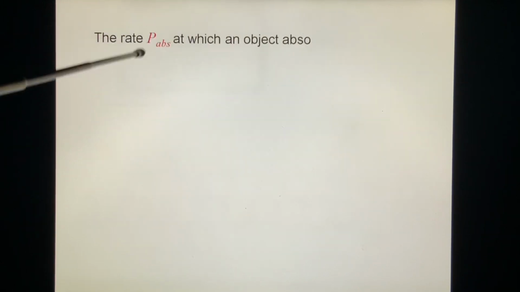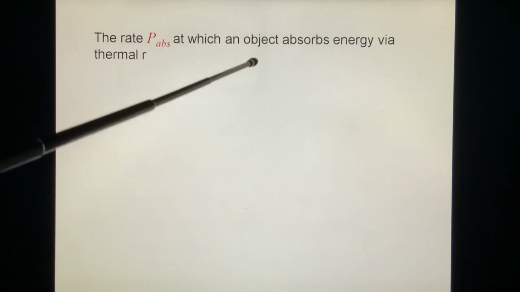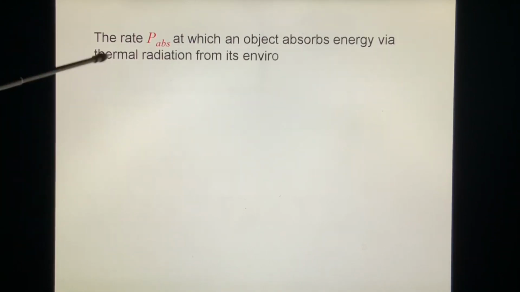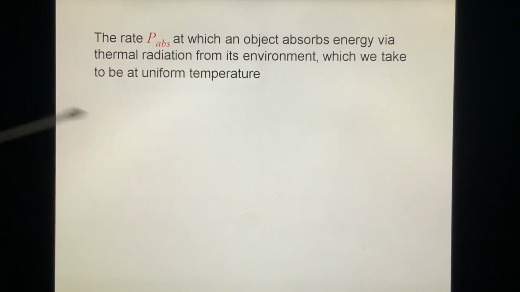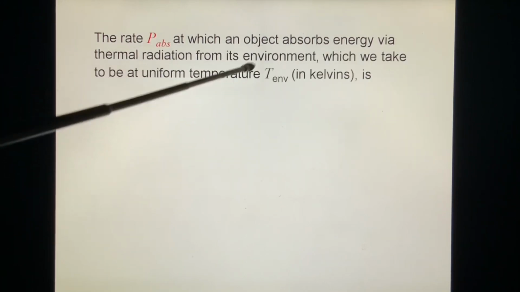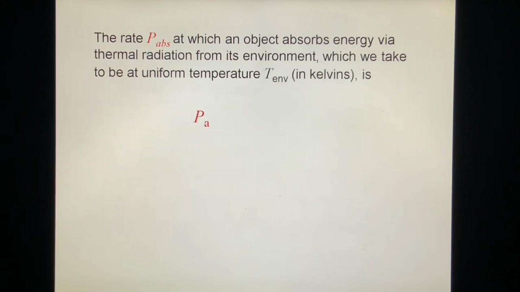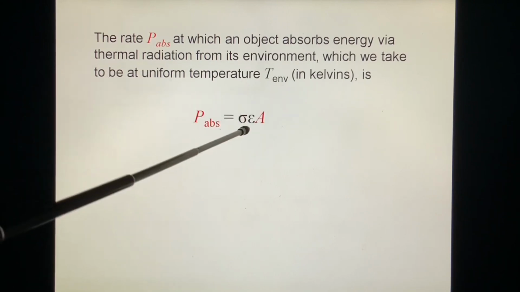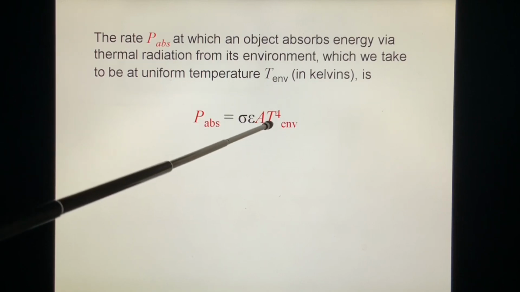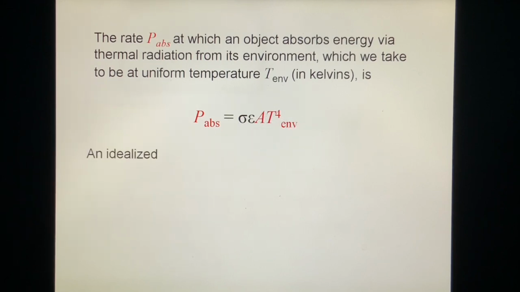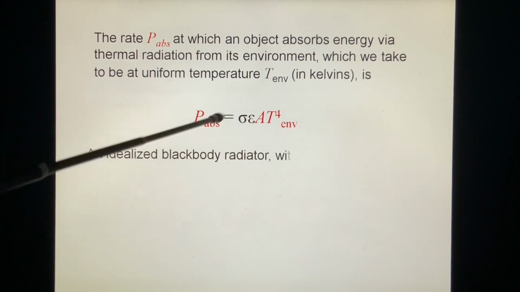The rate P_absorbed at which an object absorbs energy via thermal radiation from its environment, which we take to be at a uniform temperature T_environment, is P_absorbed = sigma epsilon A T_environment to the fourth. Instead of the T of the body, we use T_environment.